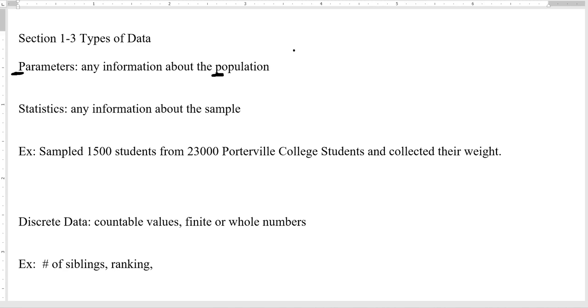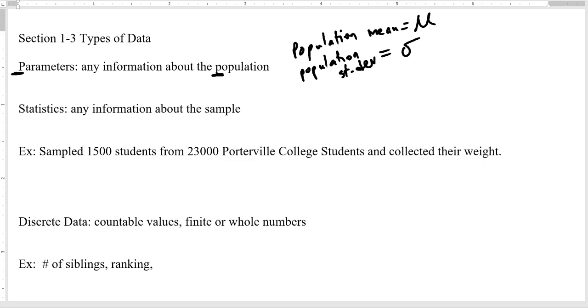That could be the population mean, or mu. That could be the population standard deviation, sigma. You probably don't know what standard deviation is yet. I could also do the population size.